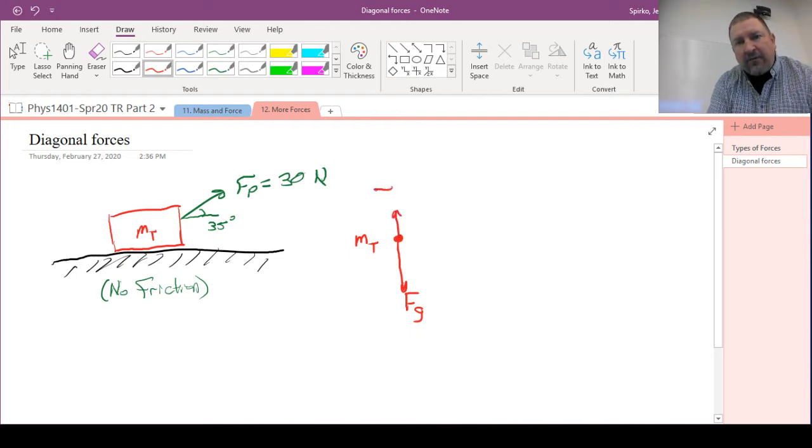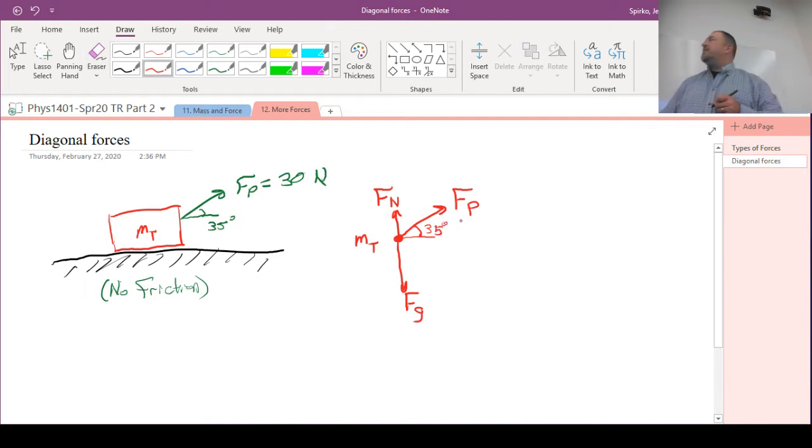We have our force normal. And now we have this force pulling at an angle of 30 degrees to the horizontal. 35. Yeah, don't let me go too far with a mistake like that.